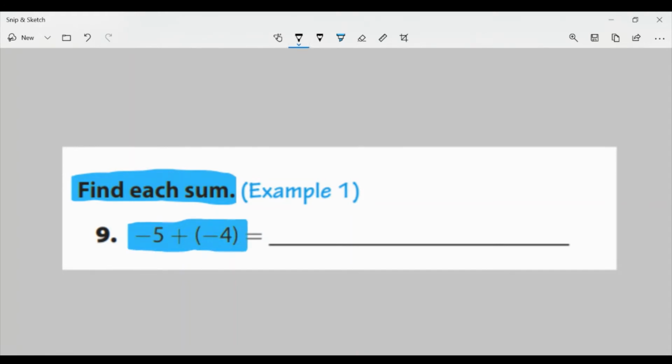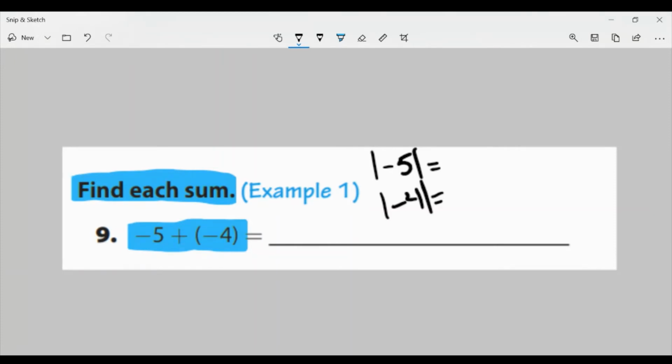From here, I can use the absolute value method, right? They're both a negative. We're adding them together. So I can take the absolute values of both and then combine them, right? Like we did before. So the absolute value, just in case you forgot, it is the distance or units from 0.